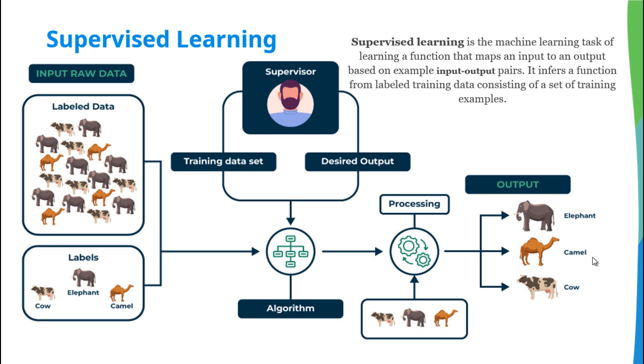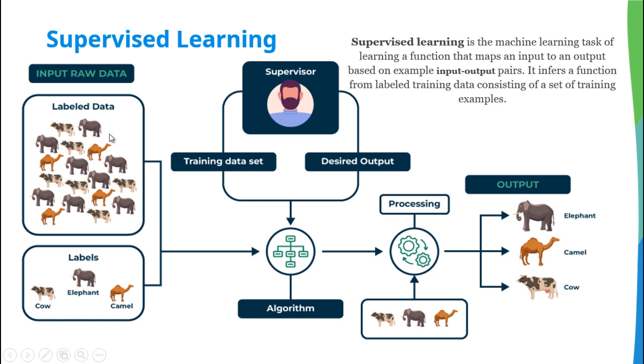Now, when you see all this, we have input data and we have label data. The labels are cow, elephant, camel. There are three labels here, three groups here. So this particular data is already grouped.